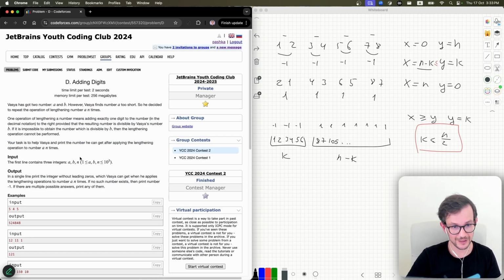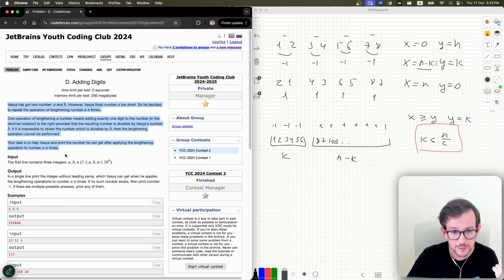What we have in problem D again? We have some very strange written statement. Exactly one digit to the number to the right produced an example is divisible by b.